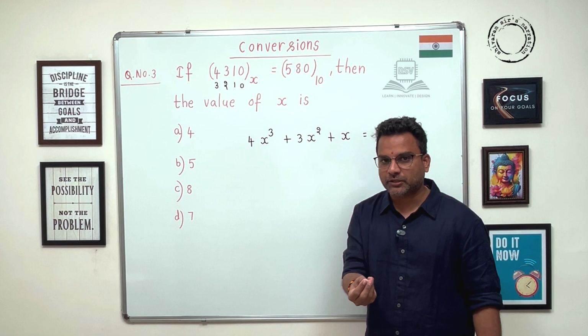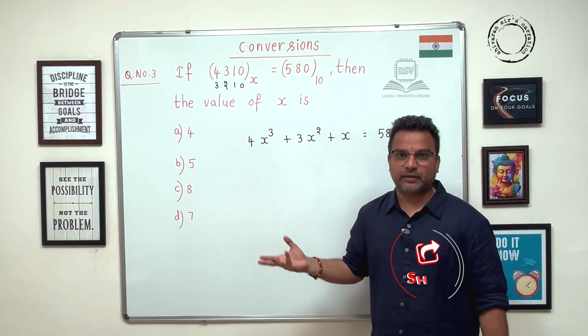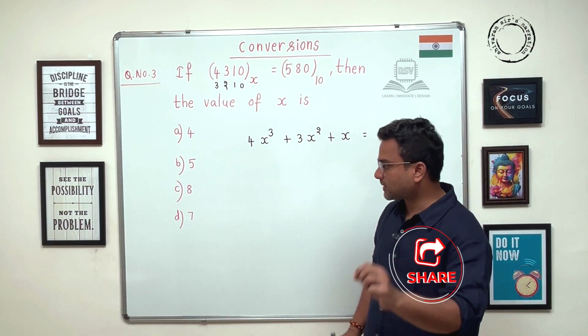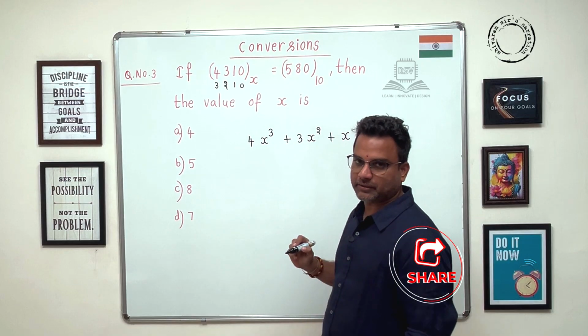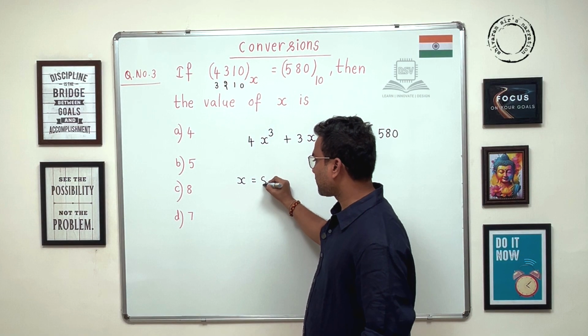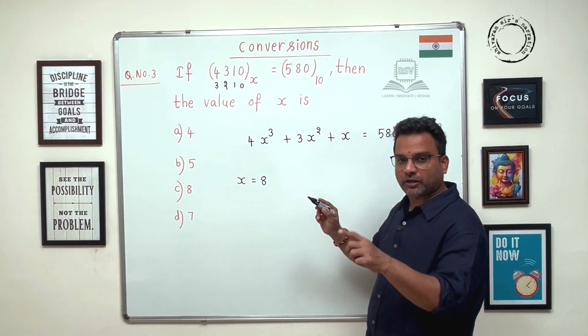What I am suggesting is, there are options. Why don't you try the options? For example, let us consider option C where x is equal to 8. If x is equal to 8, what might be the total value?